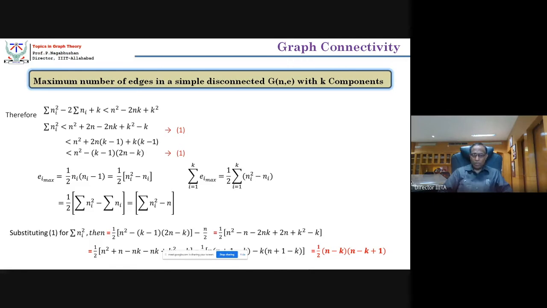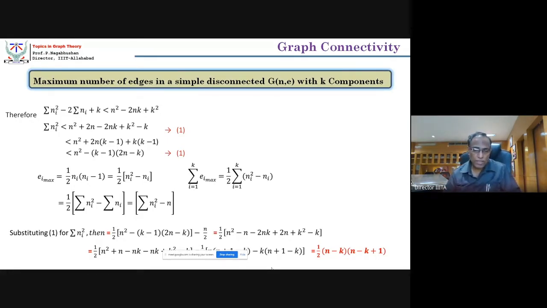Is it okay? All right. You just do some simplification. It's very simple. I will give you only one hint. Here, minus 2nk is rewritten as minus nk and minus nk, so that factorization could comfortably be done. Okay, half (n minus k) into (n minus k plus 1).